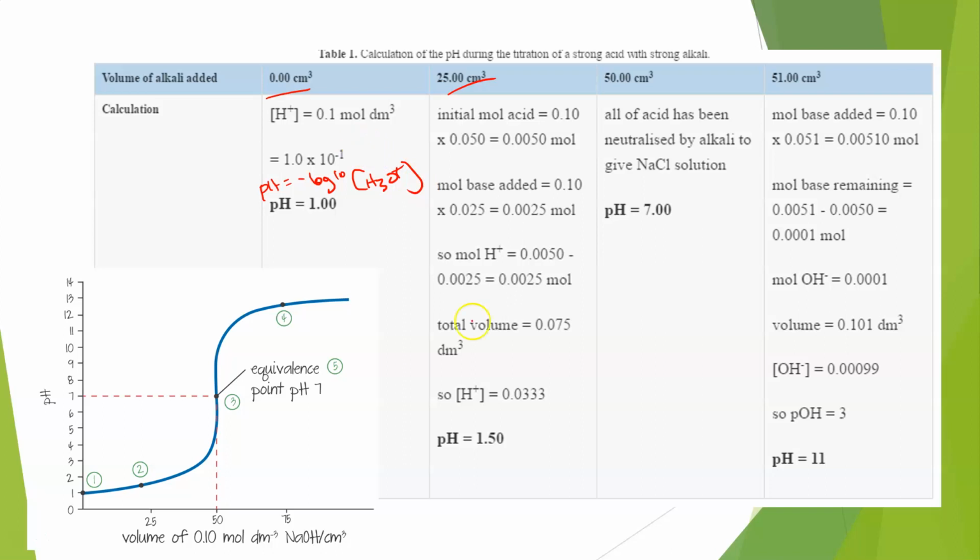Then at 25 centimeters cubed, which is half our equivalence point, so in the buffering region here, we can look at the initial mole of the acid multiplied by this volume, which gives us the total mole of the acid.